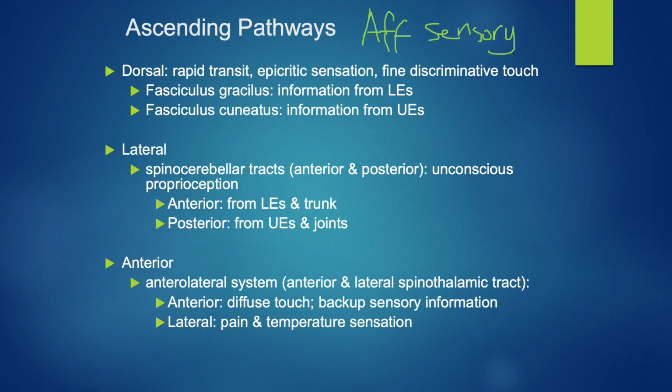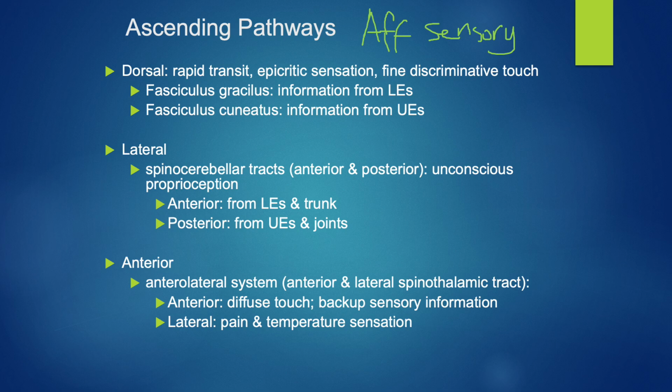You can't do that if you don't have information from the fasciculus gracilis, if you're walking on gravel versus ice versus grass, etc. And then the fasciculus cuneatus brings the epicritic information from your upper extremities. And so I always think about biting my cuticles or writing cuneiform script, but that's fasciculus cuneatus, gives you that fine touch, that fine discriminate touch.